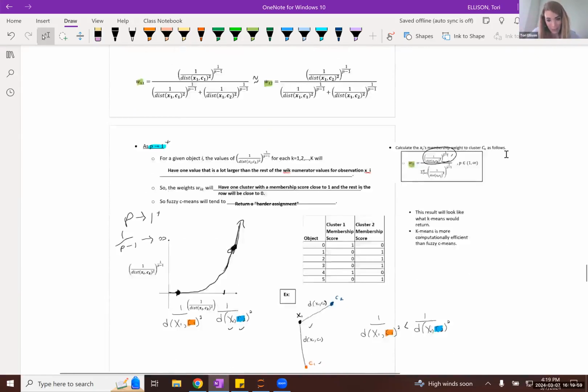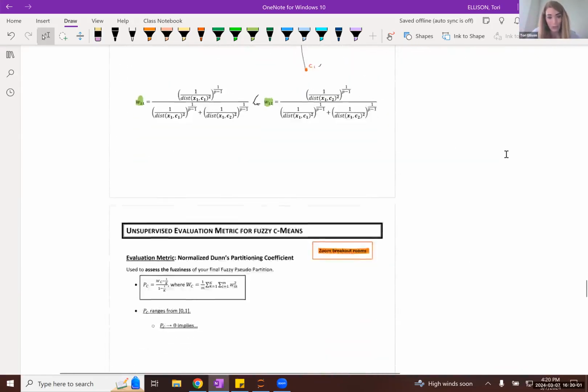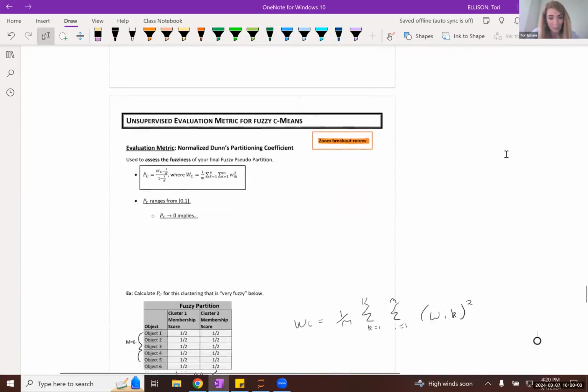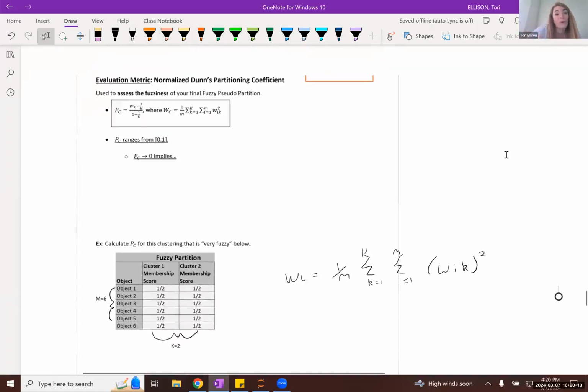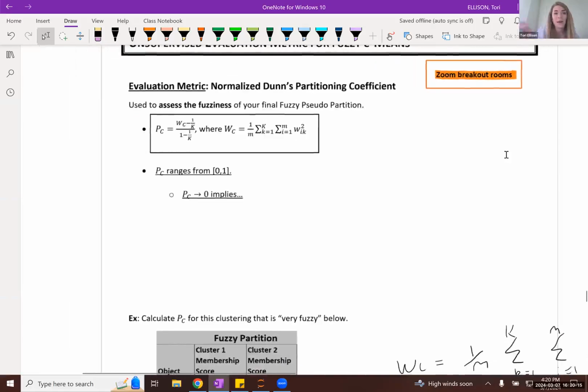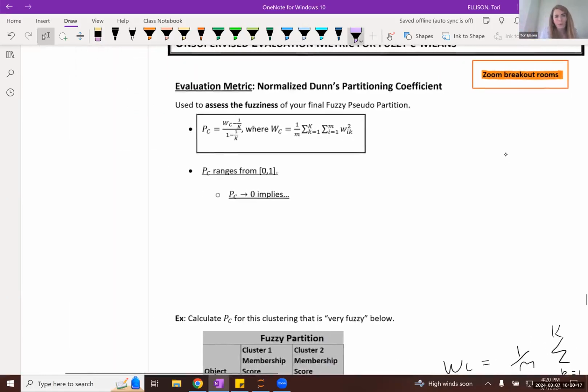So for instance, we might want to define an evaluation metric which can quantify the general level of fuzziness that exists in a given fuzzy clustering membership matrix. One way that we go about doing that is by using what we call the normalized Dunn's partition coefficient. And this is the equation that we use to calculate that.